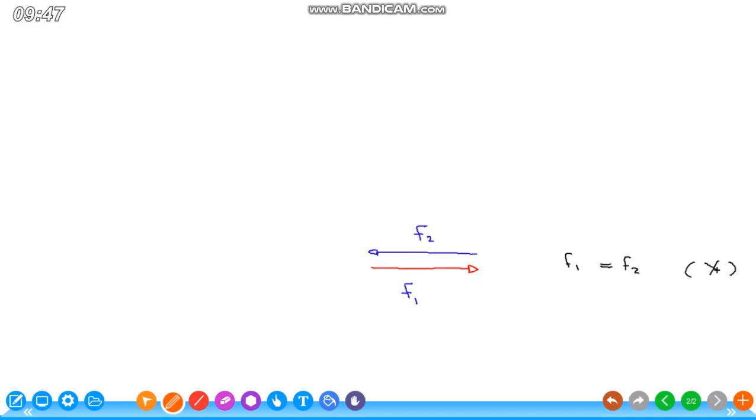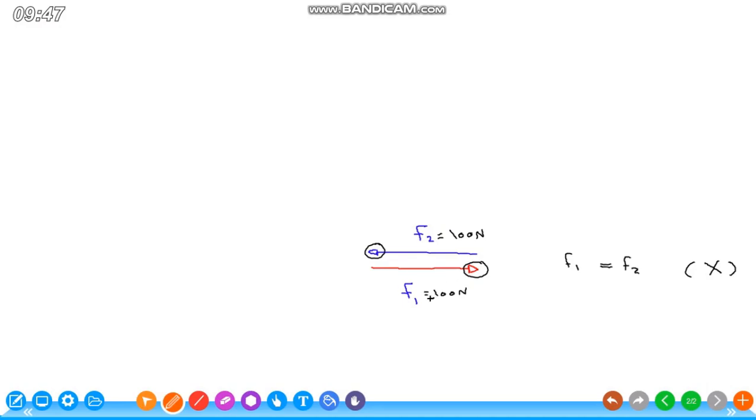F1 equal f2, this not true. Why? Because they have opposite direction. F1 equal f2 in magnitude. For example, if we said F1 equal 100 Newton, so F2 also 100 Newton. But the direction is different, okay?